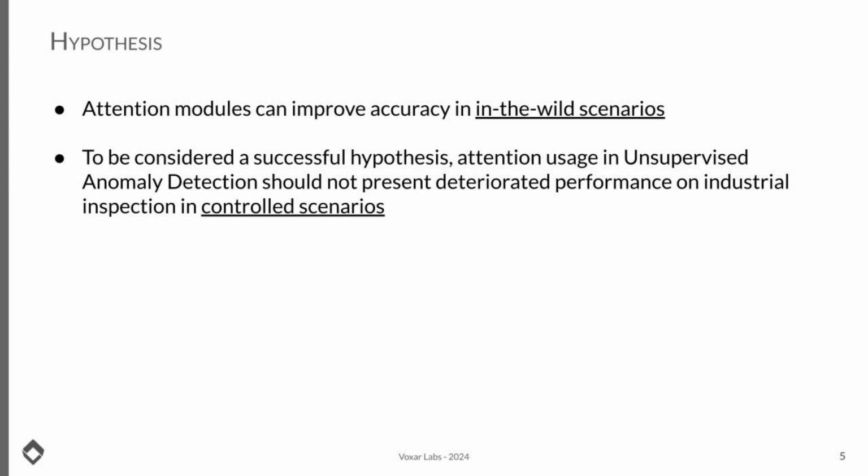So to be considered a successful hypothesis, the attention usage in unsupervised anomaly detection should not present deteriorated performance on inspection in controlled scenarios. In other words, we want the attention models to improve in the wild scenarios, but we don't want them to deteriorate in controlled scenarios.